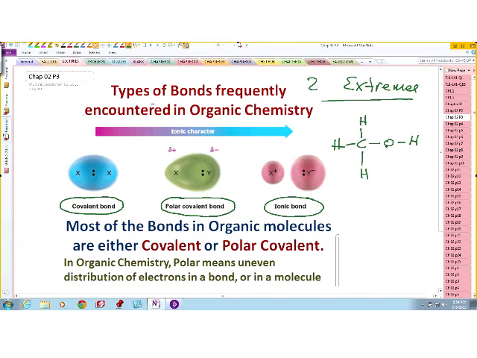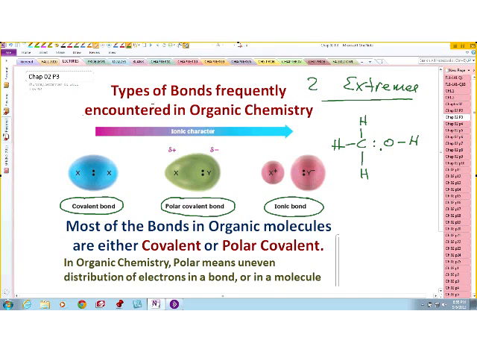What we are making is an assumption that carbon and oxygen will be sharing those 2 electrons equally, because you have 2 electrons between them.